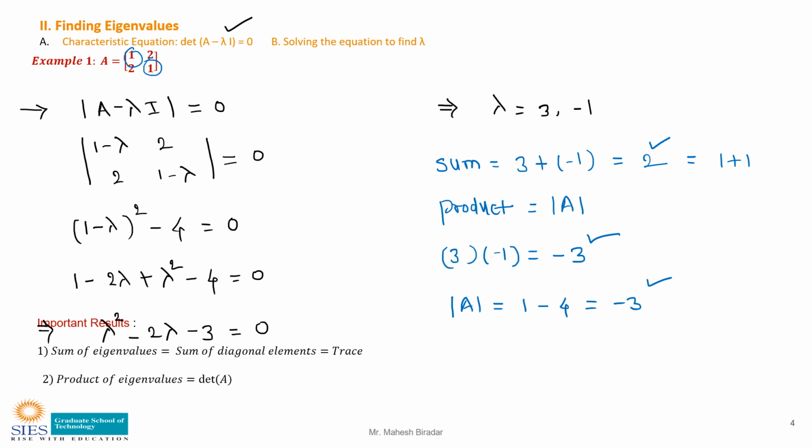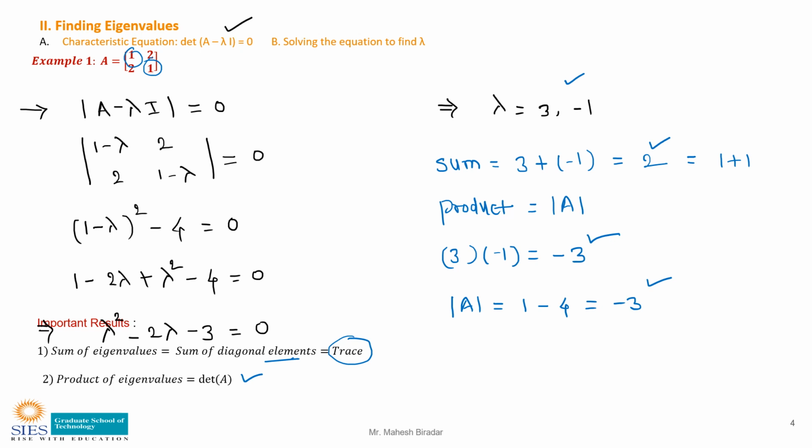So the important result is that the sum of eigenvalues is equal to the sum of diagonal elements, also known as the trace, and the product of eigenvalues is equal to the determinant. I'm going to use this concept in the next example also to verify whether our answer is right or wrong.